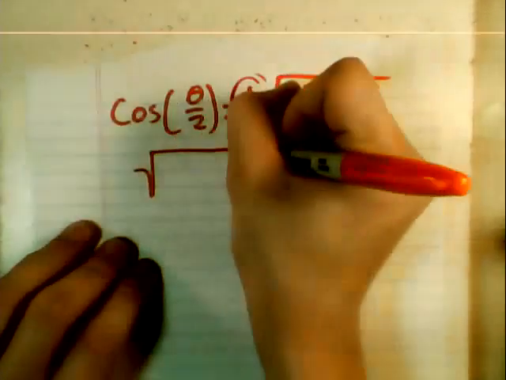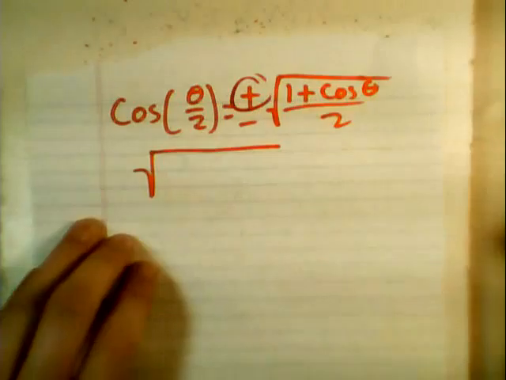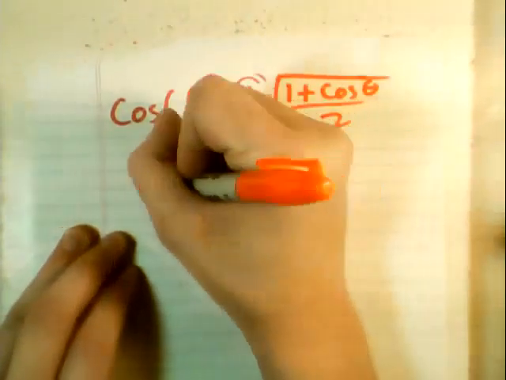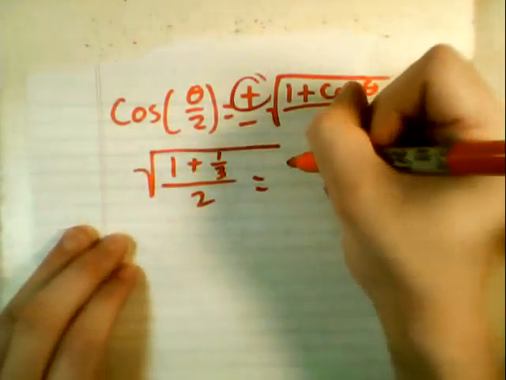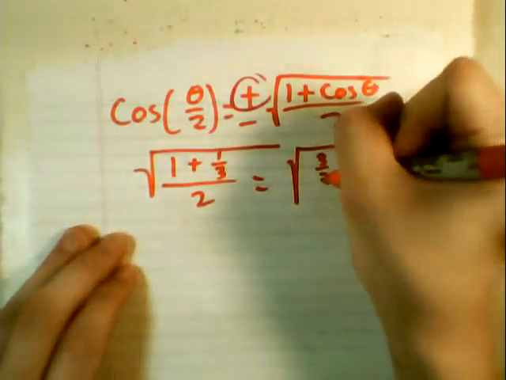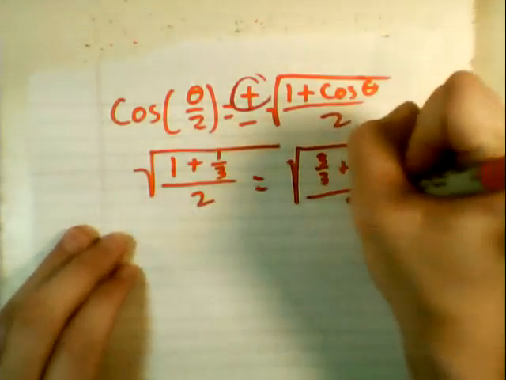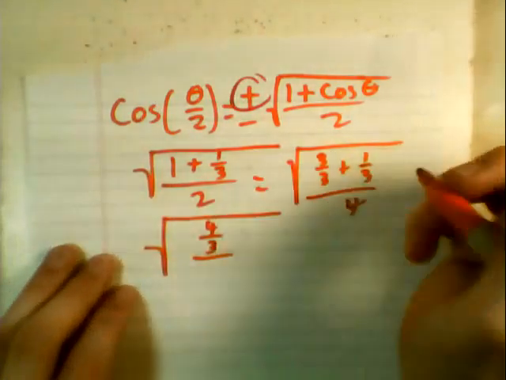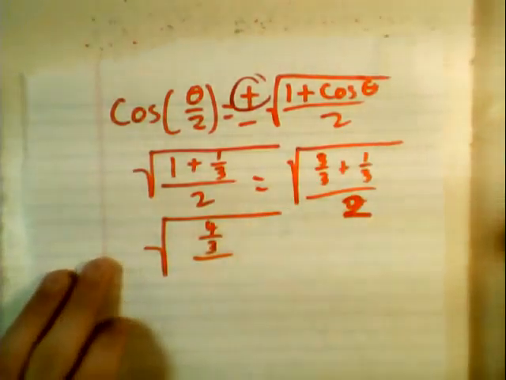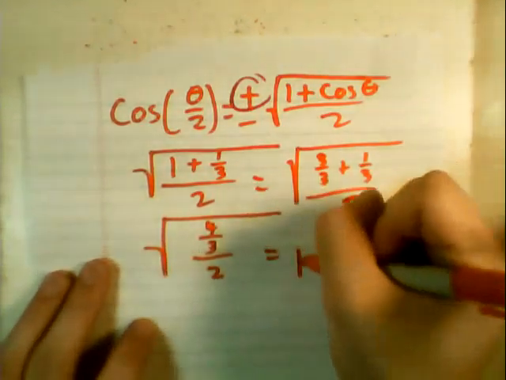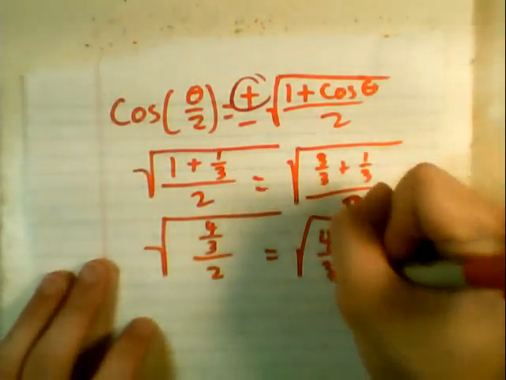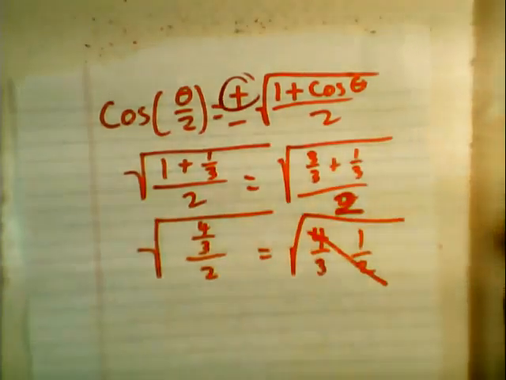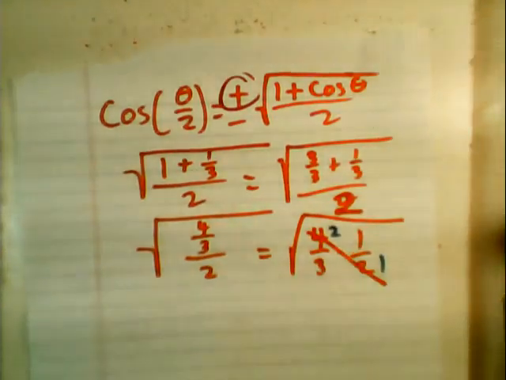So now let's go ahead and plug in our cosine theta into the equation. Remember, cosine theta was 1/3. We can reduce, and this becomes a 2, and that becomes a 1.